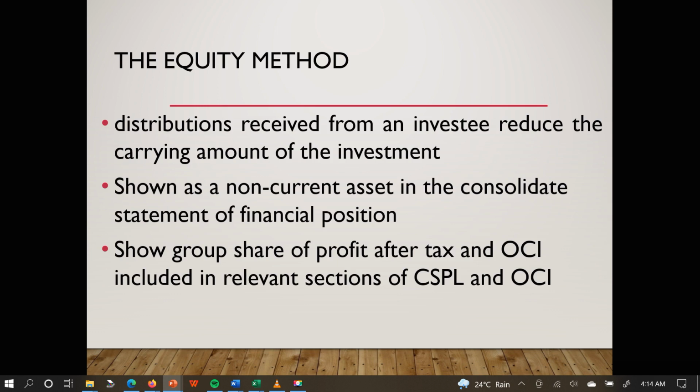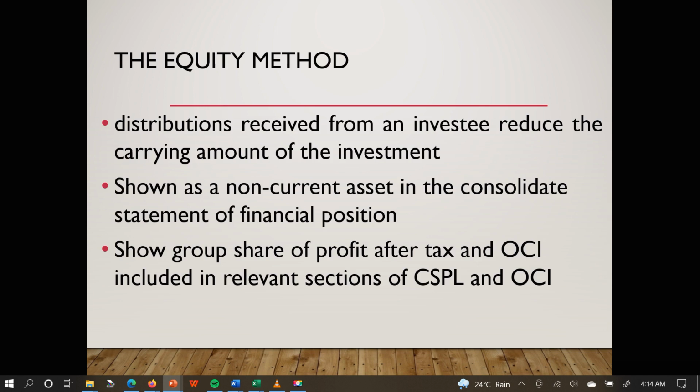It is one figure. The equity method helps you to calculate the figure, and that one figure is shown as a non-current asset. So under non-current assets, you put the investment in associate and then you put the figure there. Now, you must remember an associate will never be consolidated. An associate is equity accounted.